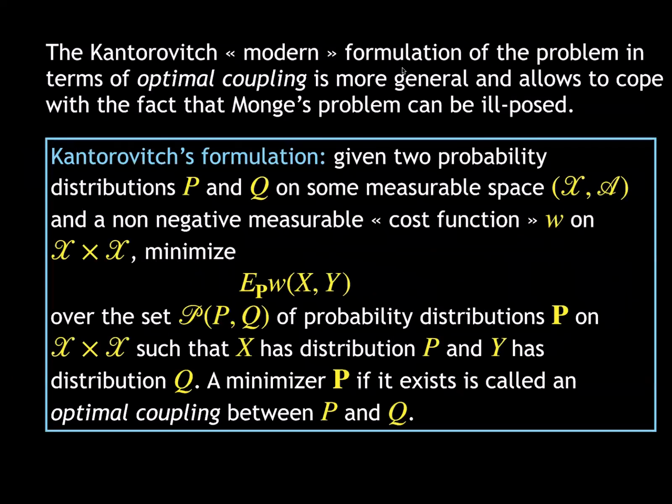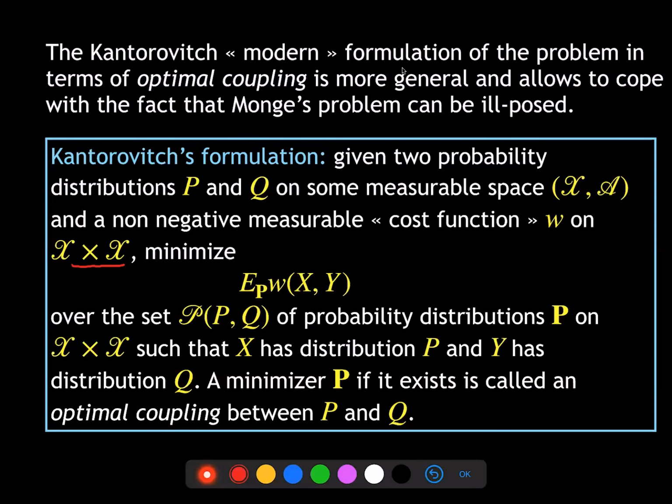That is, you want to build a joint distribution such that the first marginal is equal to P, the second marginal is equal to Q, and you want to build this coupling distribution on the product space X cross X.